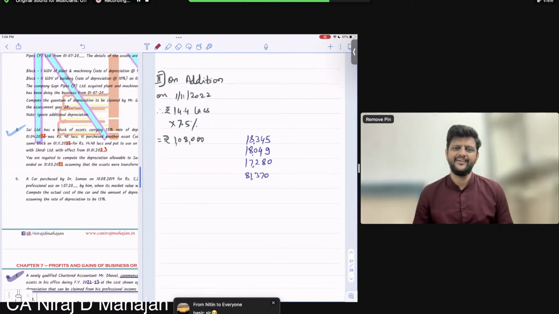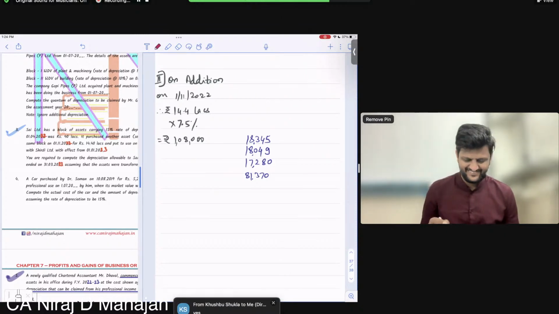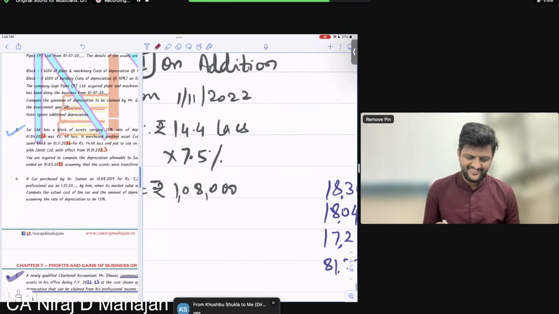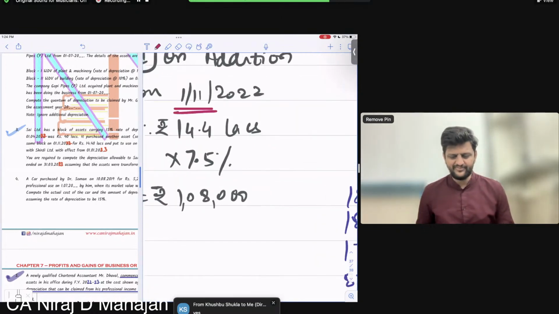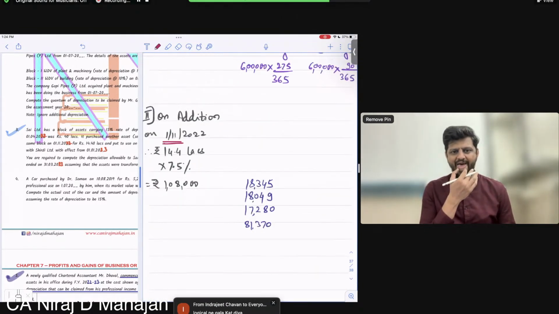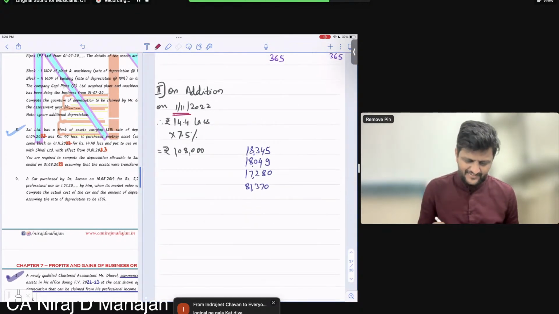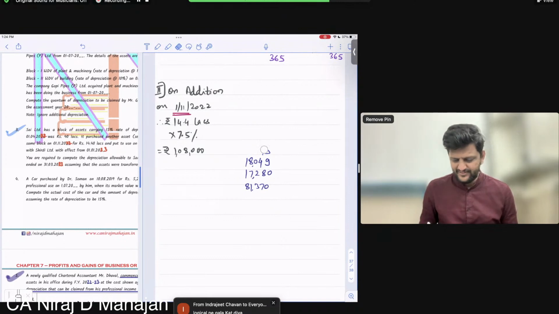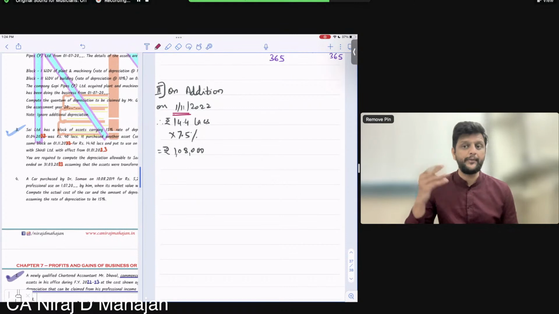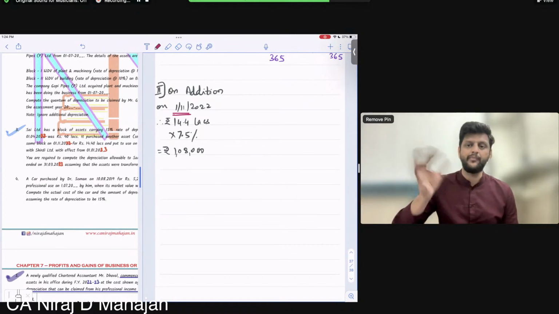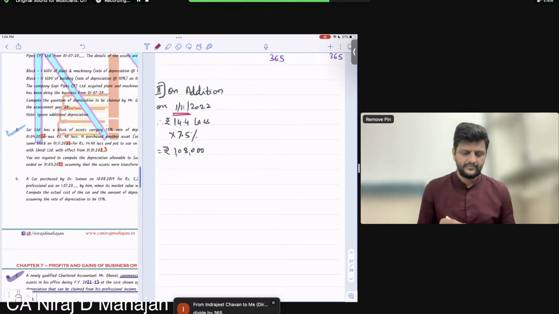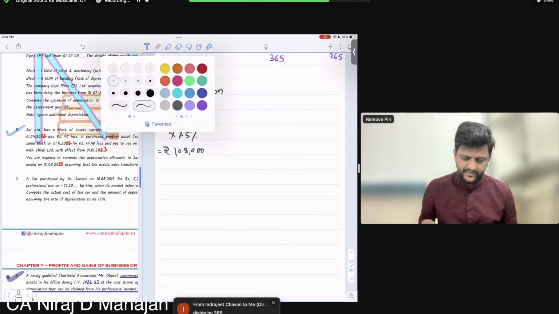You divided by 365, didn't you? So you calculate the number of days correctly, but you do the depreciation as if the asset is there for the entire year, as if it was there without any amalgamation. You don't have to divide by 365.